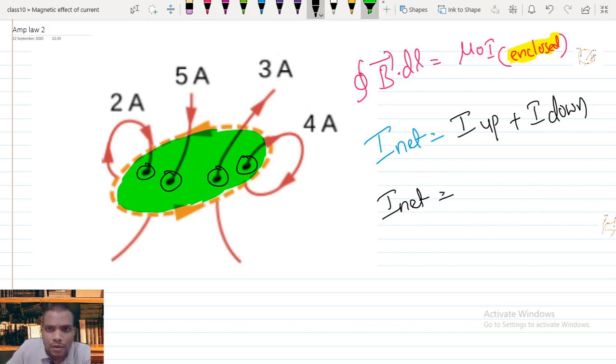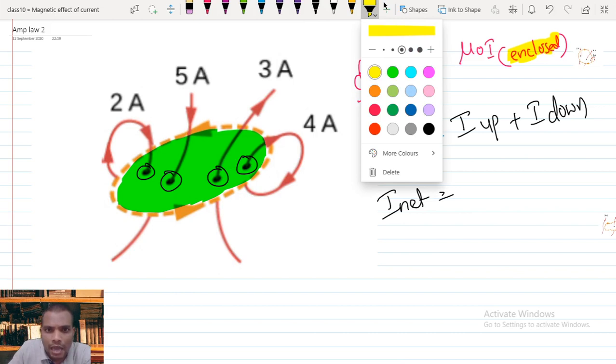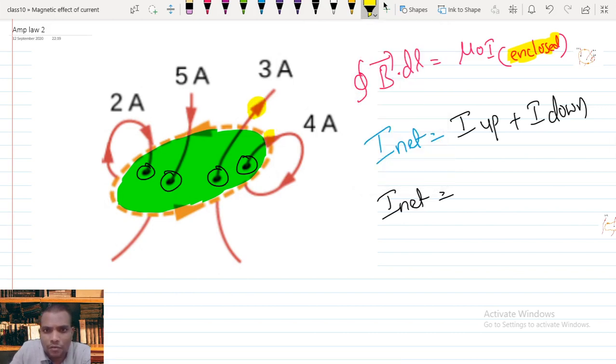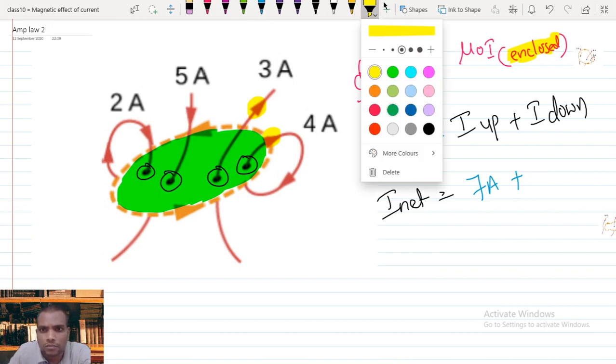Let's find the arrow marks which are going up. These two arrow marks which I am going to highlight with yellow, 3 amperes and 4 amperes, are coming from down to up. So currents coming up, 3 ampere plus 4 ampere, give me 7 amp, plus currents which are going down.